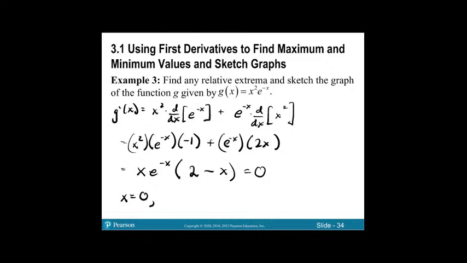The factor e to the negative x is never 0, so we don't get anything there. And for 2 minus x, solving gives x equals 2. So I just got these two critical values.